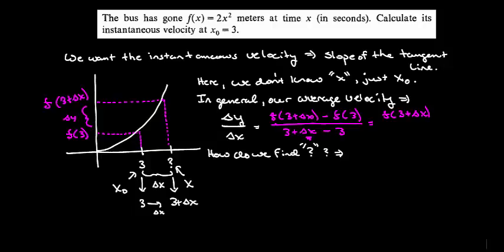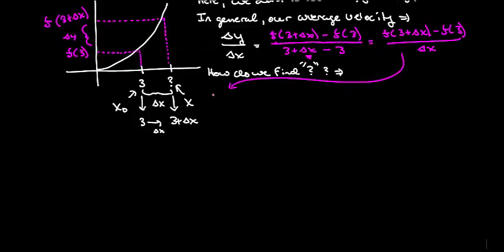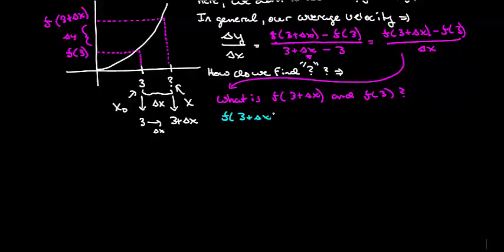So again, we've got f at 3 plus delta x minus f at 3, divided by delta x. What we need to do is simplify that numerator, and this just takes a little bit of algebra. The first thing we ask is, what is f at 3 plus delta x? Then we ask, what is f at 3? Once we get those two, we can fill them in and solve this problem.